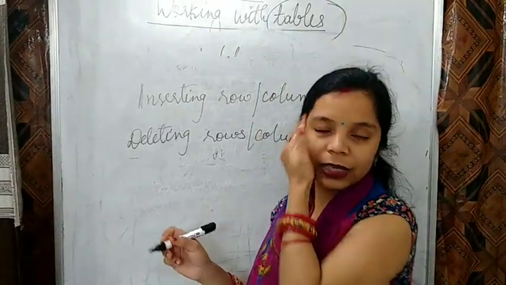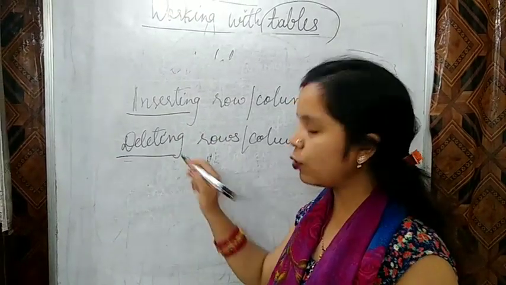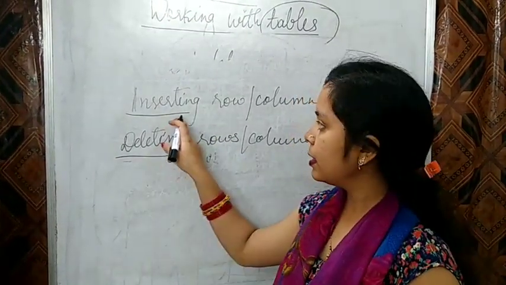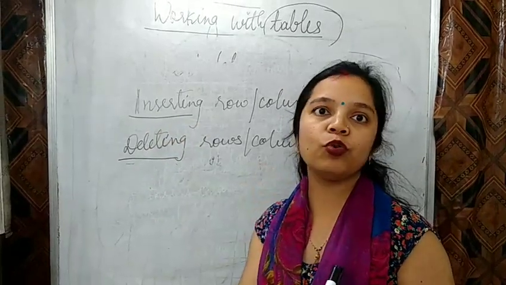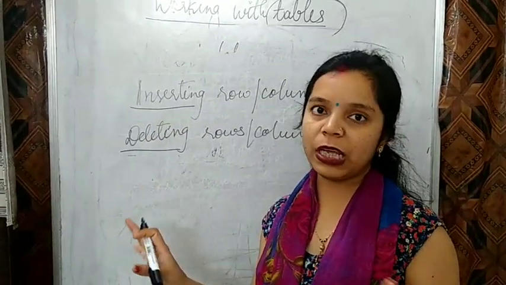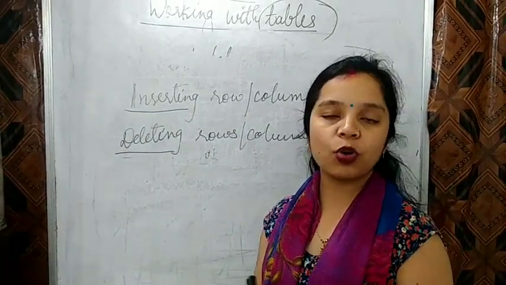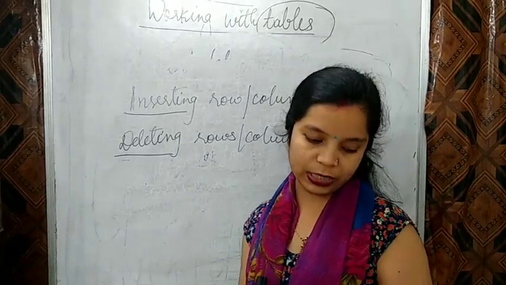So two things are there. One is inserting rows and columns in a table, and one is deleting rows and columns in a table. Inserting means adding new rows or columns to the table, and deleting means removing or erasing the unwanted rows and columns from the table. That is known as deleting.